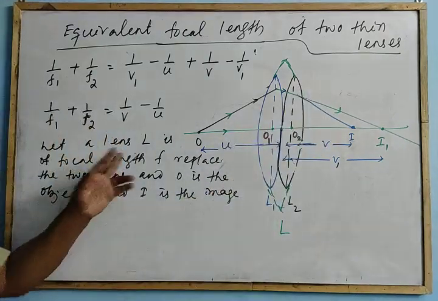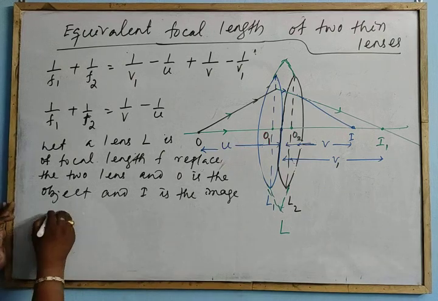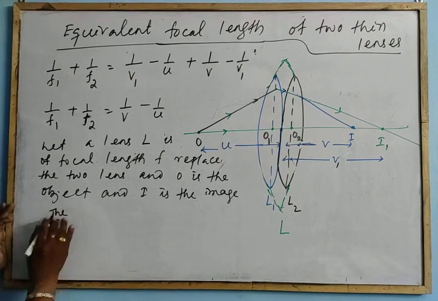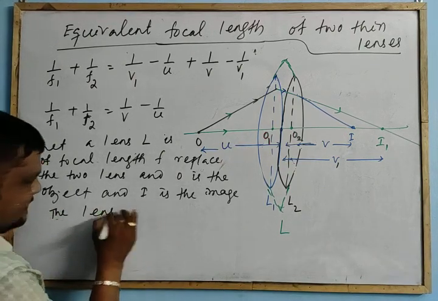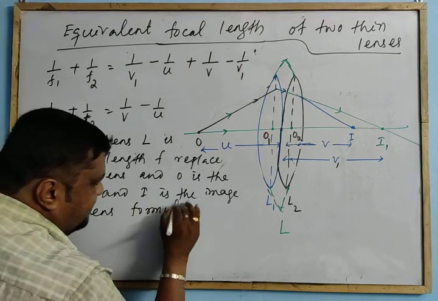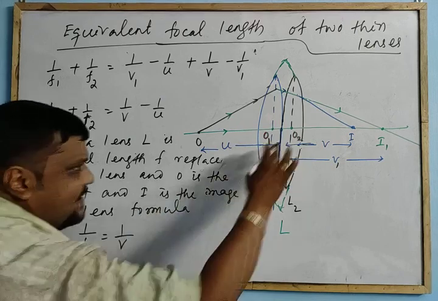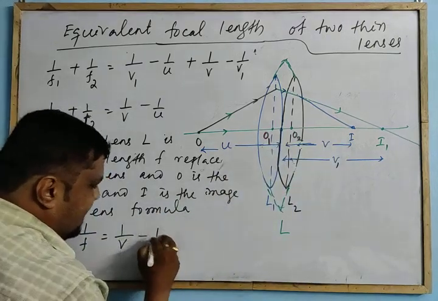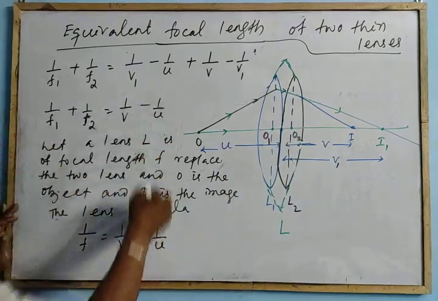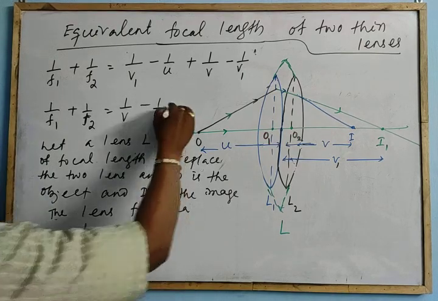Replace this, use a lens L. Then the lens formula: 1 by f is equal to 1 by v minus 1 by u. Compare these two equations, comparing 1 and 2.